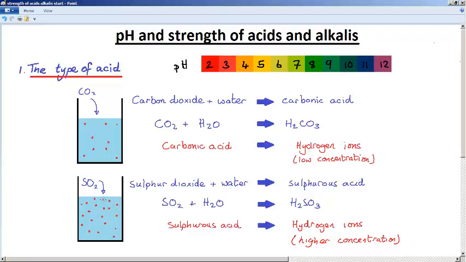That's to say there are more hydrogen ions in this beaker per unit volume, so we would expect that the pH resulting from carbonic acid would be around about pH 5 to 6, whereas the pH resulting from sulfurous acid, and you can see this in the experiment in the Watch and Learn section, the sulfurous acid will turn indicator paper this kind of dark pinkish colour, so you'd expect the pH to be around about 2 to 3.